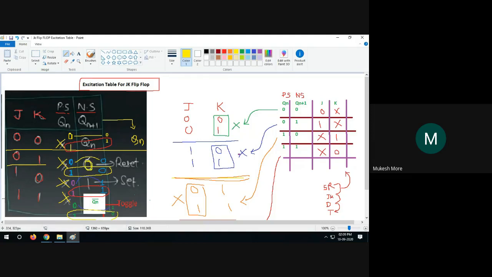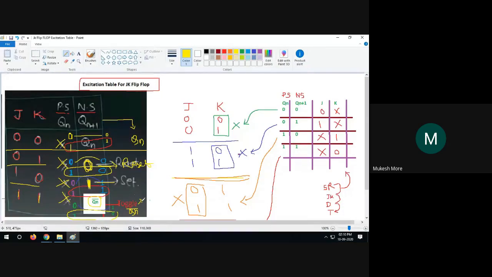Now your JK is in a reset state. When J1 K0 is there, the circuit is in a set state. And if J equal to 1, K equal to 1, the circuit output is the complement of your output, Qn bar. We have seen this state is the toggle state of JK flip-flop.